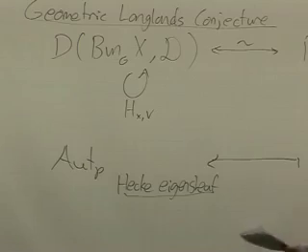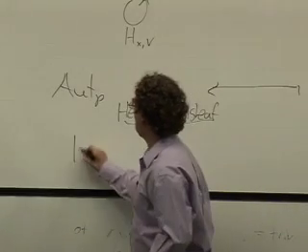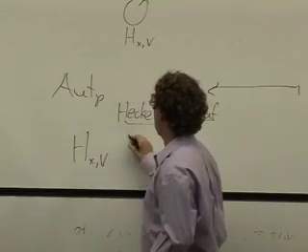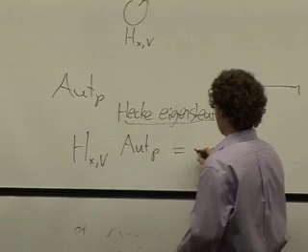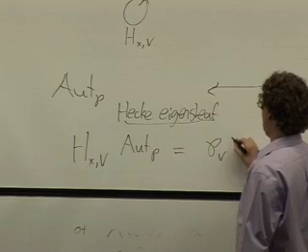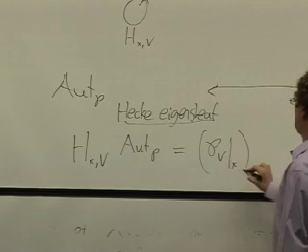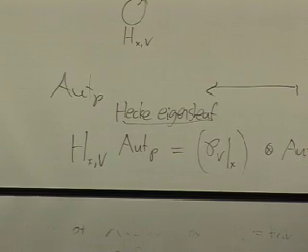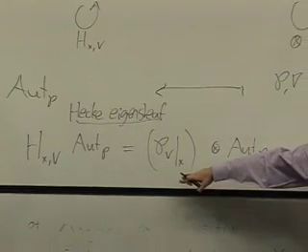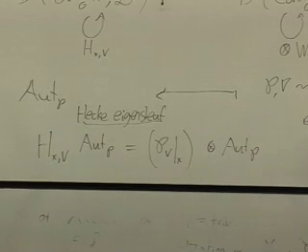So that if I apply Hecke x v to Aut P, then I get just a vector space, in fact a specific vector space, times Aut P. This is the eigenvalue. The eigenvalue is given by the point. So for every point, the eigenvalue is given by this local system.